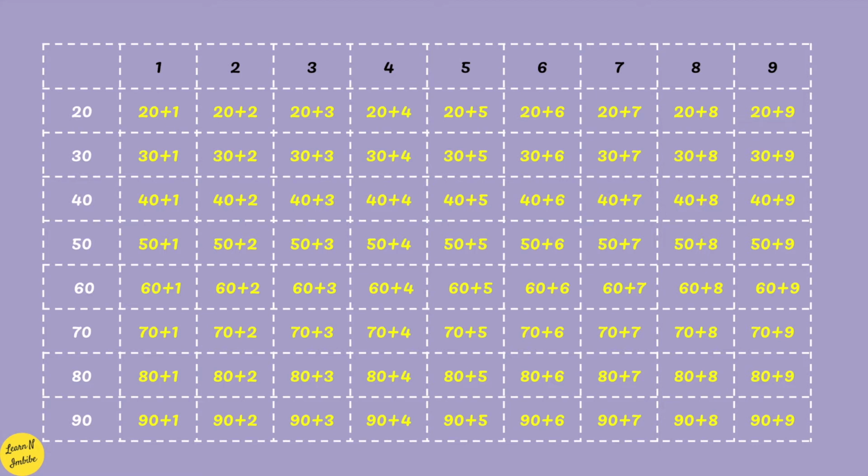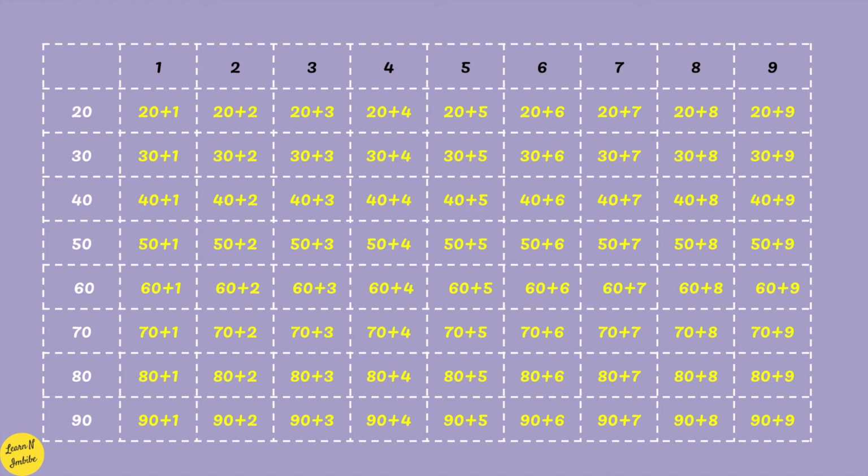Similarly, 30 plus 1, 31, 30 plus 2, 32, and so on until 39. And the cycle repeats until 99. So if you just remember the numbers 1 to 9 and 20, 30, 40 until 90 and put them together, you can learn the numbers 1 to 100.